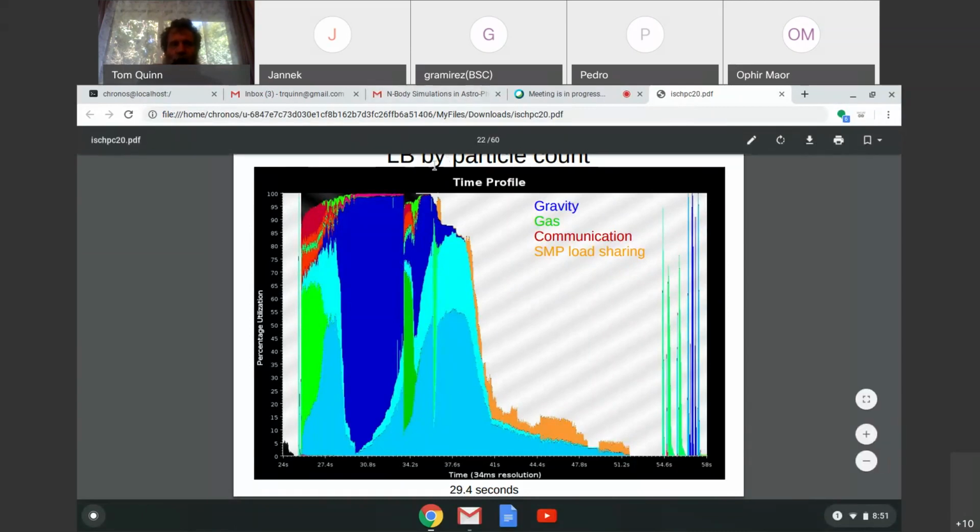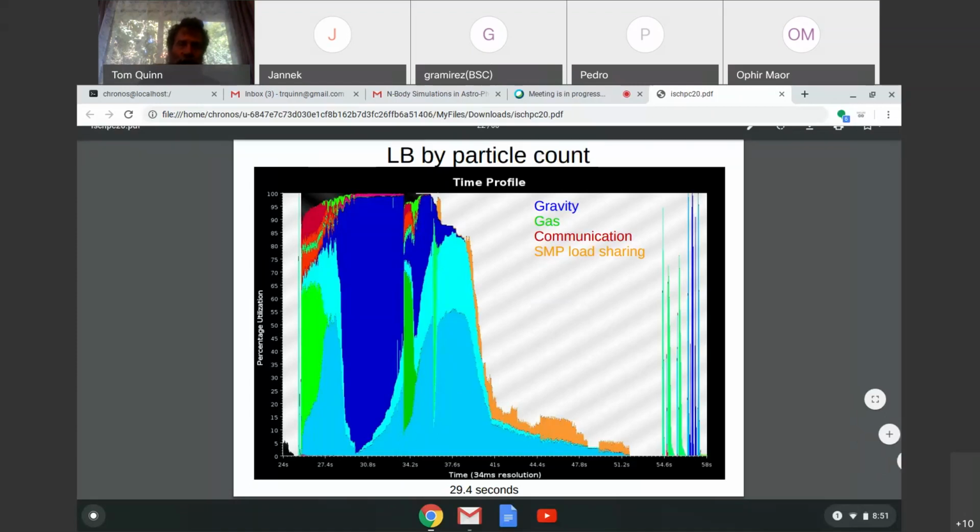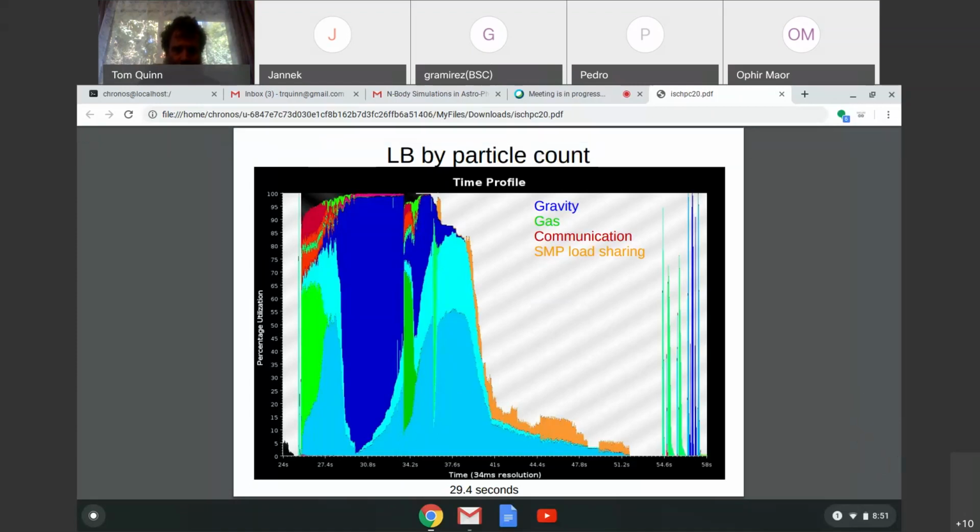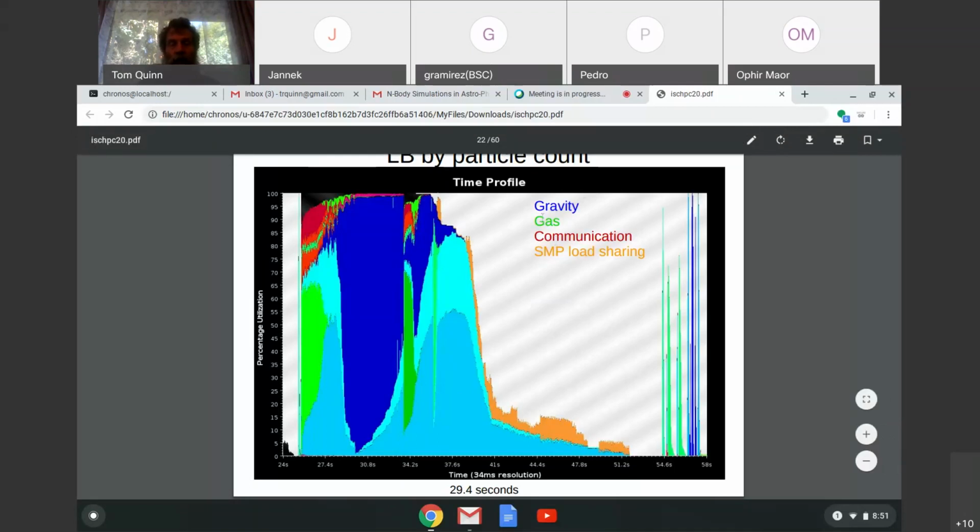And in this particular instance, I have an equal number of particles on each processor. And you see that this is a bad idea. Some processors are taking a very long time to get their work done, and the rest of the machine is sitting idle.